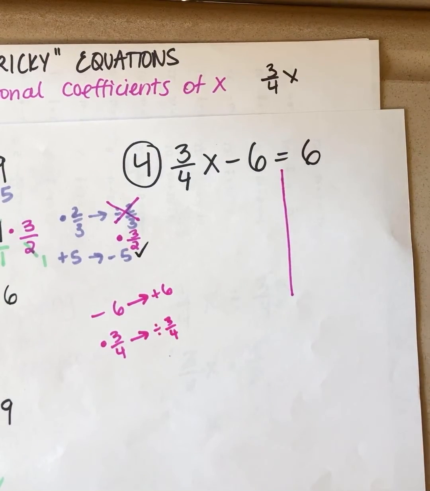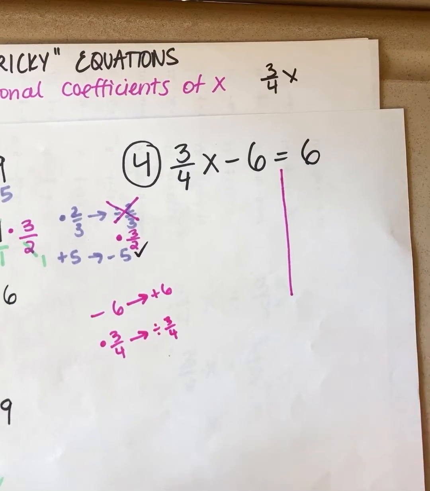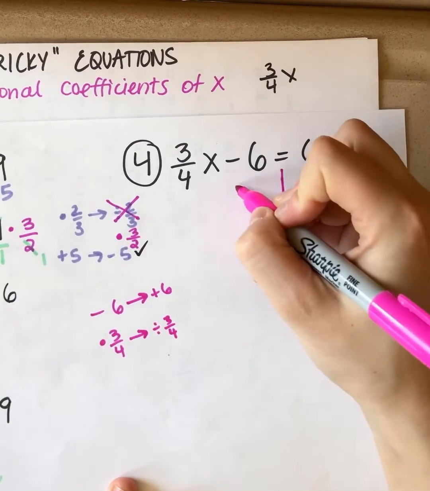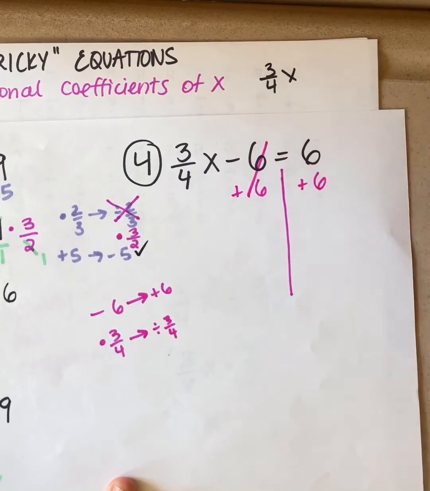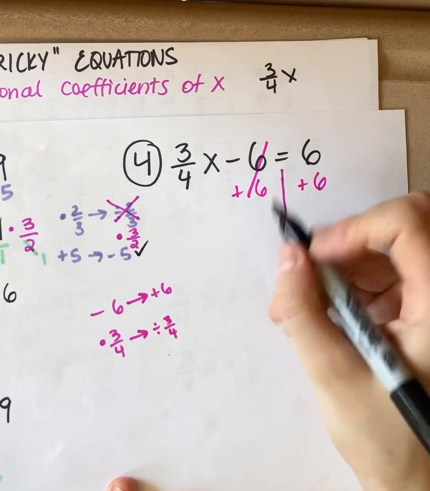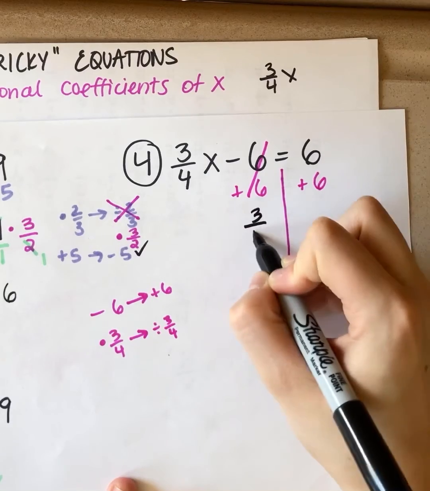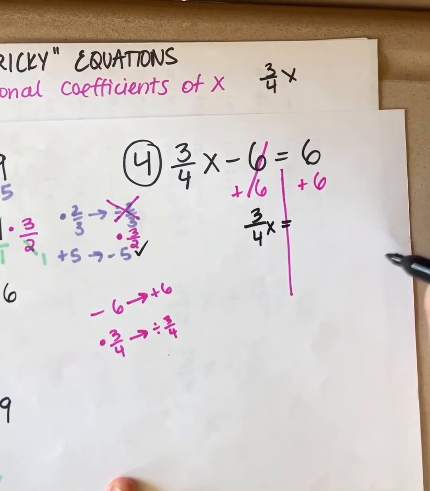I'm going to get that first step done out of the way. So I'll add 6 to both sides. On this side, the 6's cancel each other out, and I'm just left with 3/4 of x. On this side, I have 12.